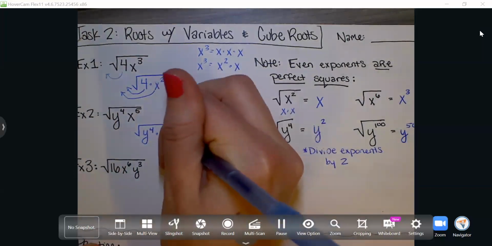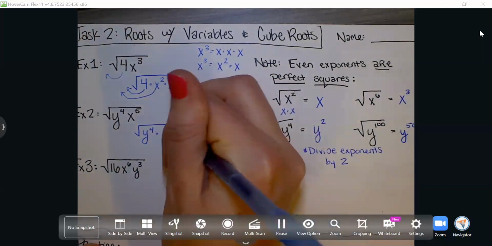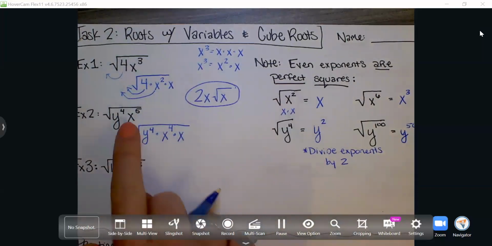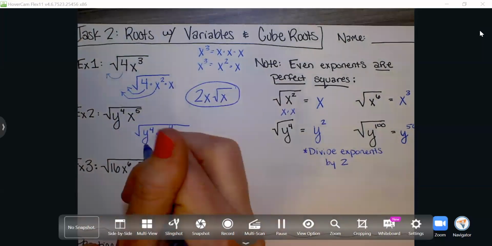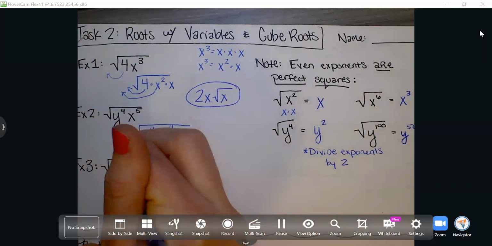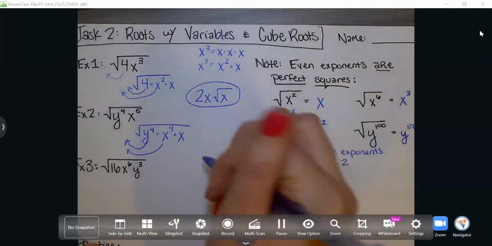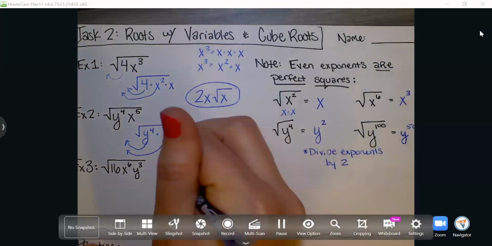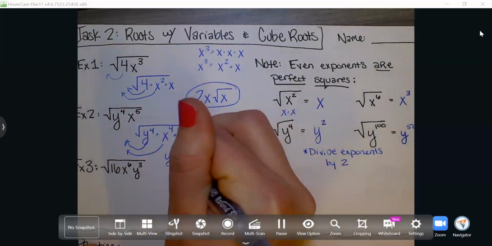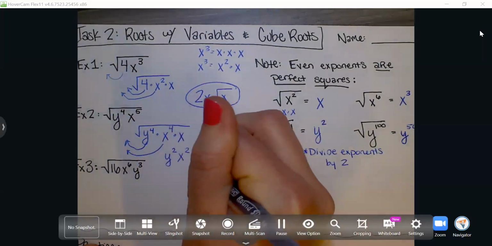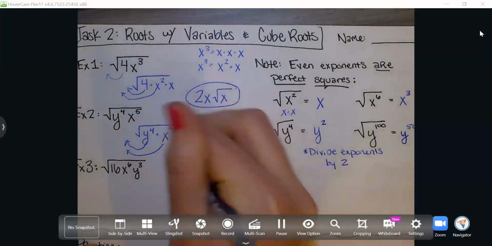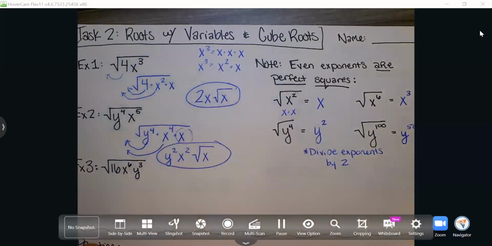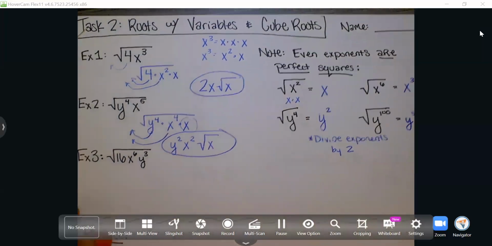So x to the fourth and x would give me a total of x to the fifth. And these y to the fourth and x to the fourth are my pieces that can come out. When I divide by 2, I get y to the second, x to the second. I'm left with this one little x left over in my square root symbol.